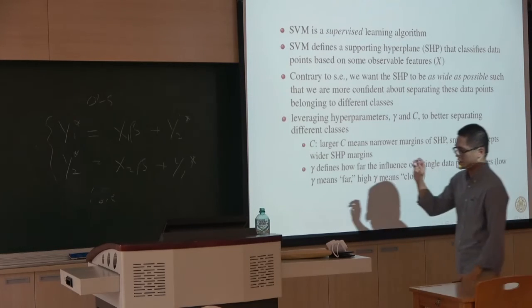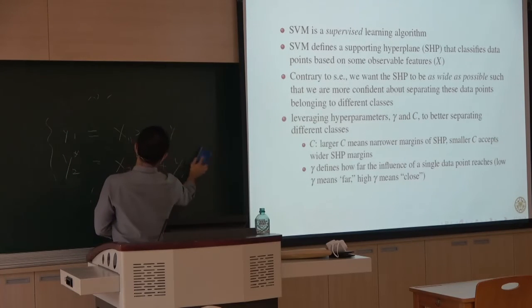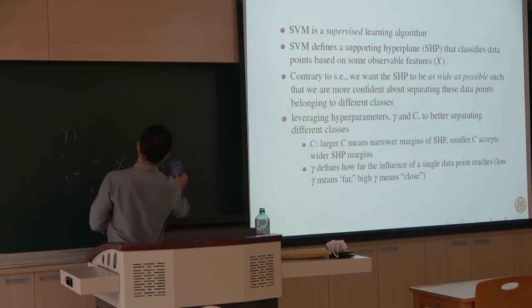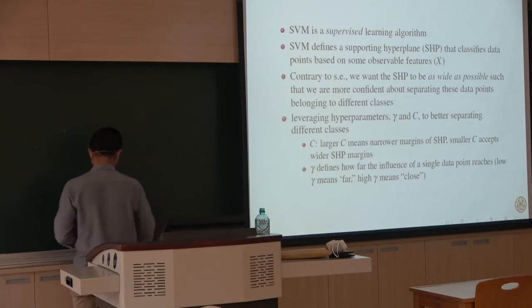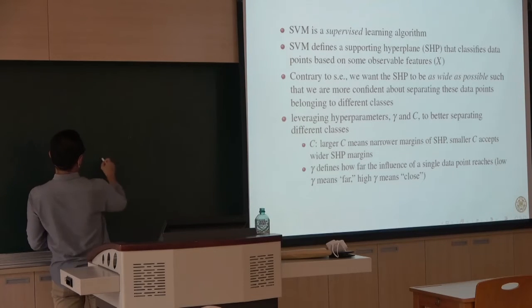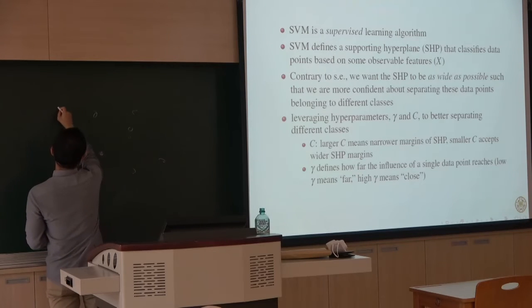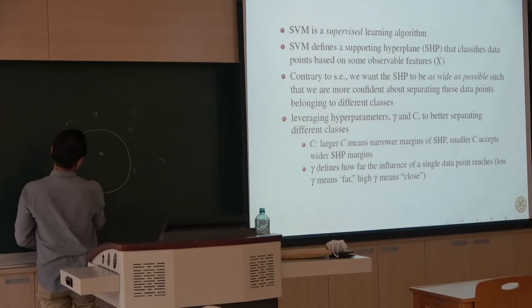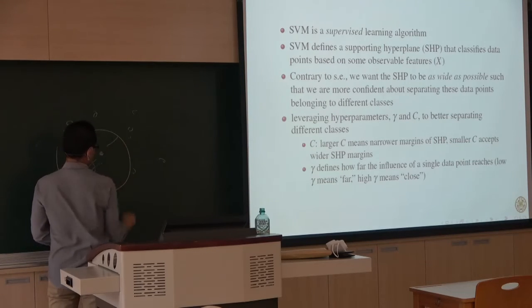For example, if you have a data point that belongs to a different class, then the region you assign to another class, if you have a low gamma value, will have more far-reaching influence.